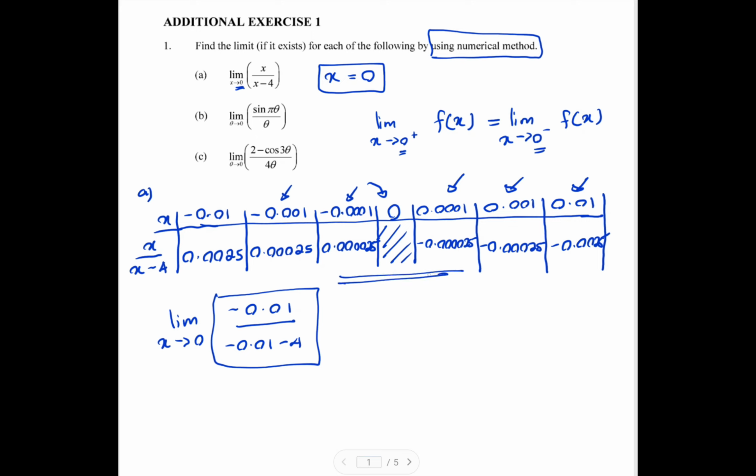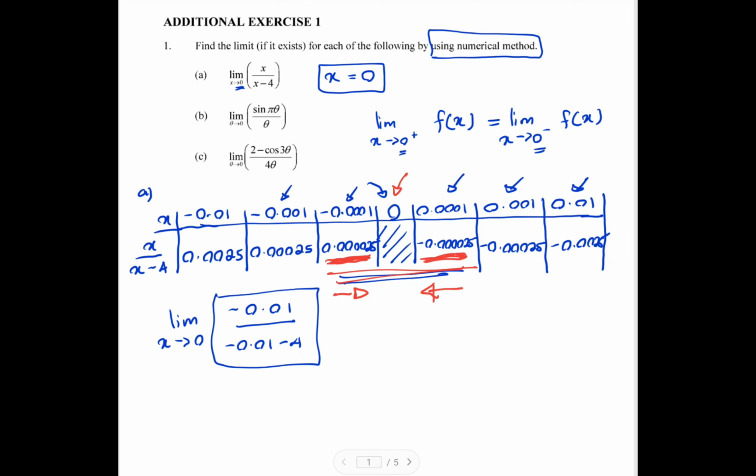By looking at this part, make sure we look at these values because x approaches 0 from the left and approaches 0 from the right. We can see that if x approaches 0, we get a very small value, whether positive or negative.